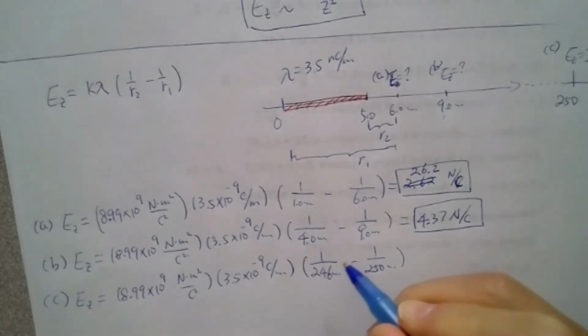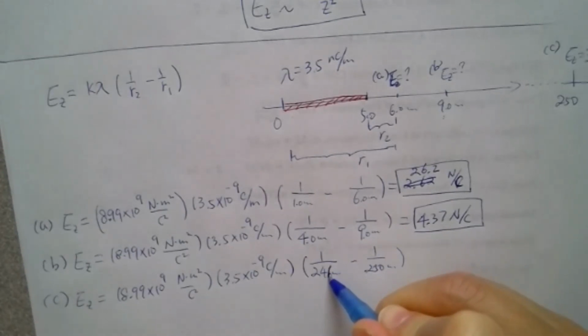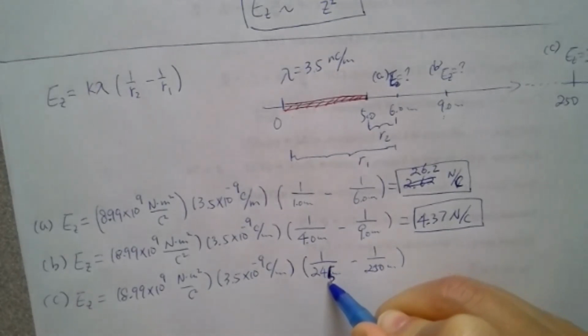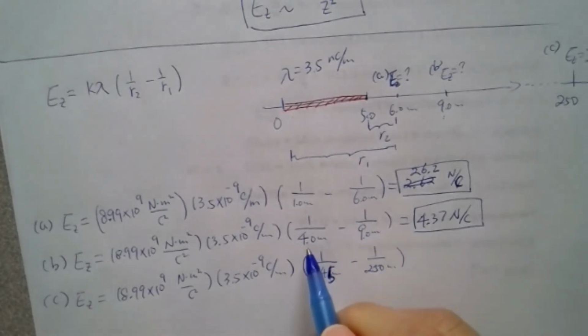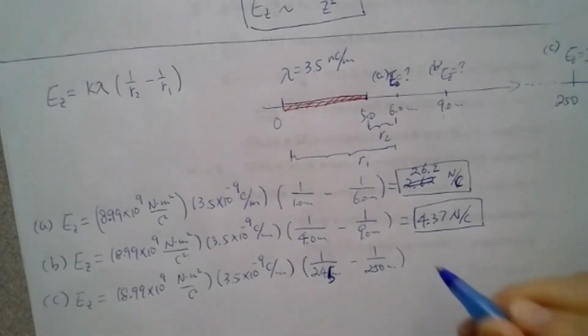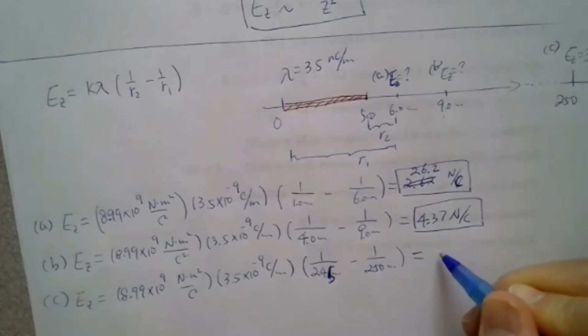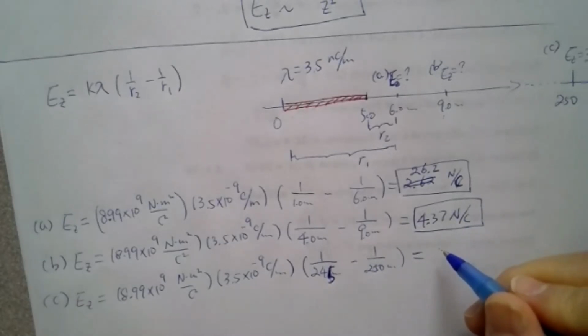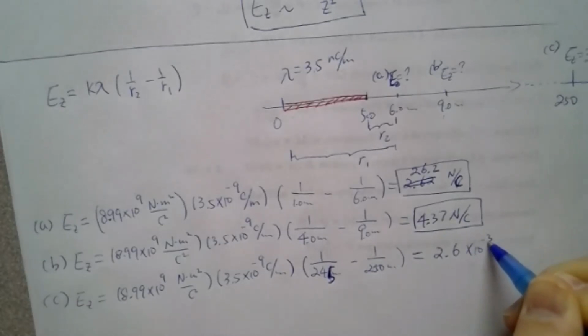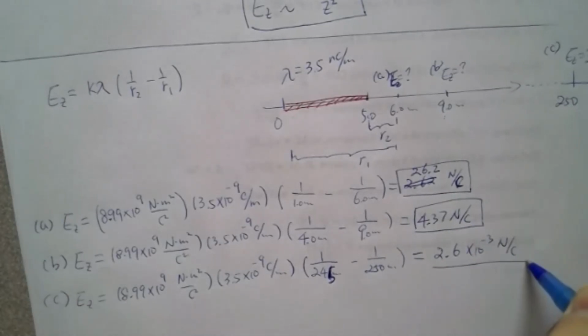Yes, this will be 245 because you are at 5 meters at one end. Then this will give you about 2.6 times 10 to the minus 3.